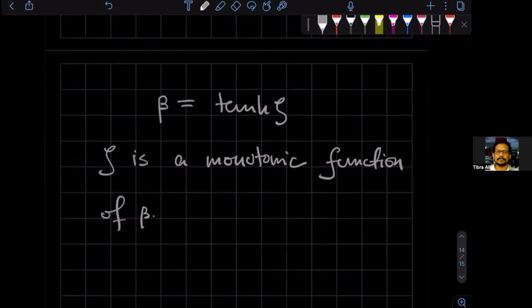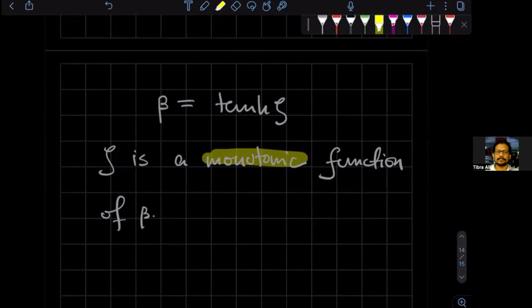Do you understand what monotonic means? Strictly increasing. Exactly. If one increases, the other one increases. If one decreases, the other one decreases. So it's a good map, a one-to-one map.